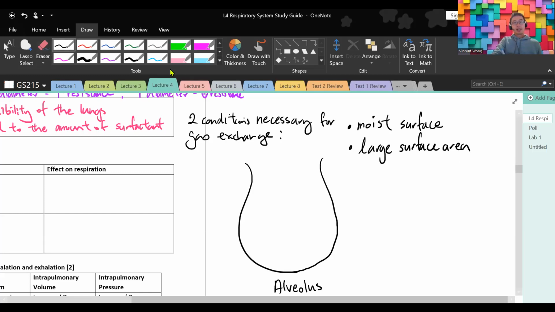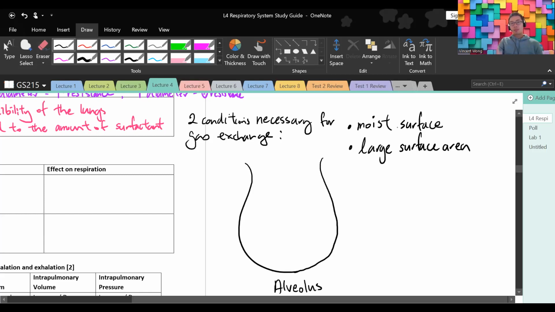Okay, and we want the surface to be moist because the gas needs to dissolve before going into the blood, right? So there's a thin film of water on the inside. So there's like water molecule here, right?